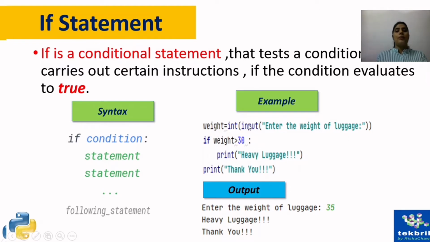Now the system will check, why? Because we have written if here. The system will check if weight is greater than 30, right?